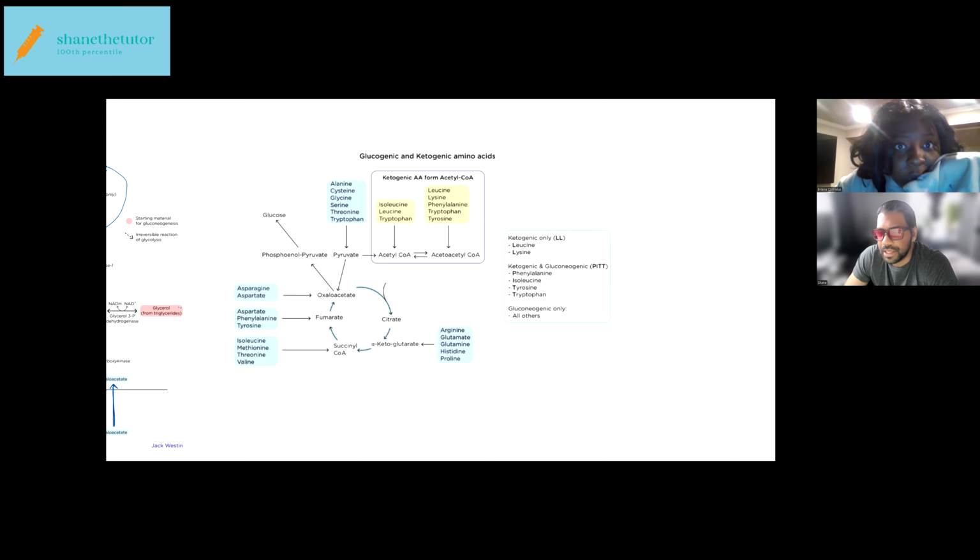So the thing about this is that the glucogenic ones can also just get broken down in Krebs to form the energy. But typically, remember that gluconeogenesis needs three-carbon precursors, like molecules with three carbons.